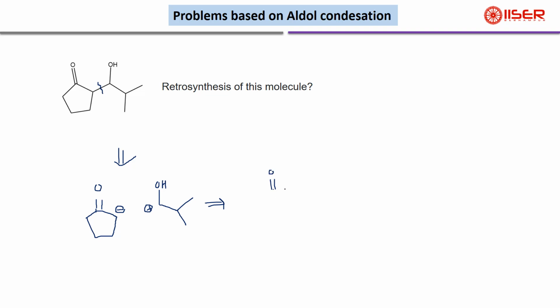Aldehyde, and this can be simple cyclopentanone. So the forward synthesis you can plan easily. It's a simple aldol condensation. You will just take a proton from this alpha carbon, this will attack this aldehyde center and open up to give us this as our product.